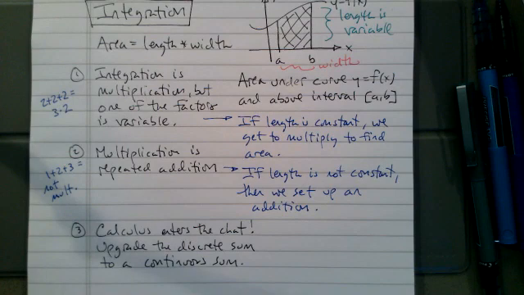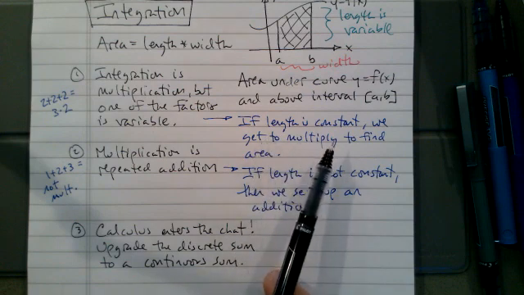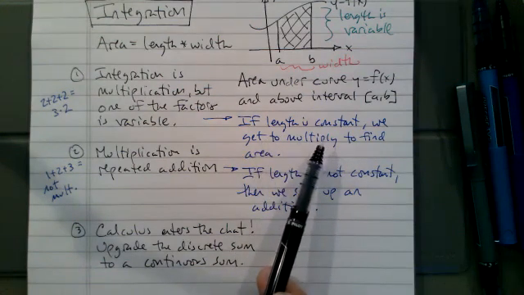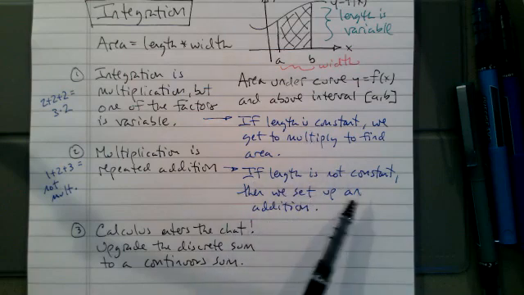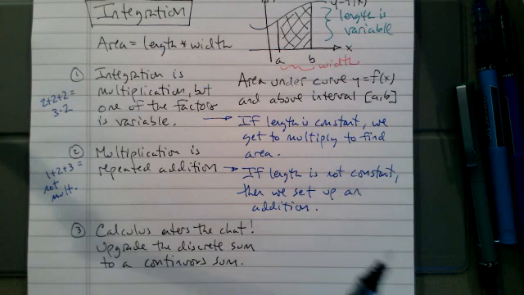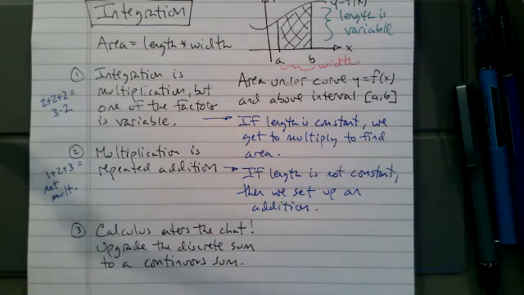All right. So yesterday, we talked about how to go about this. Our plan, the first part of the plan, is we're going to set up an area where the length is not constant. So we're going to try to step it down one level so that the length is constant, at least for a bunch of different subintervals from A to B. And then we get to use multiplication for the areas, and then we just add all them up.